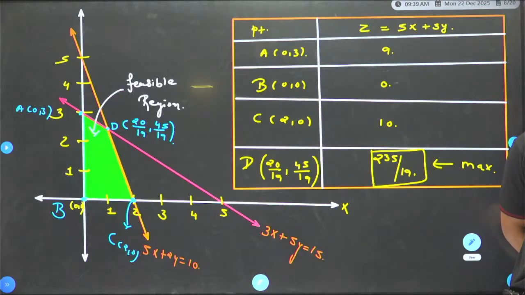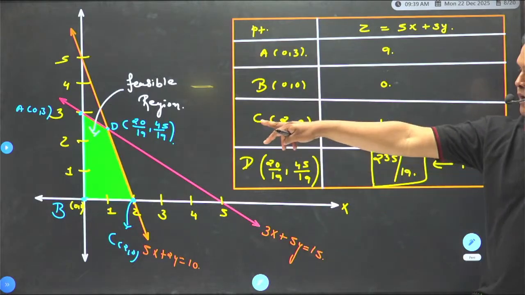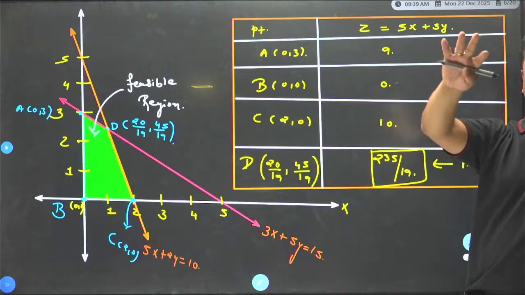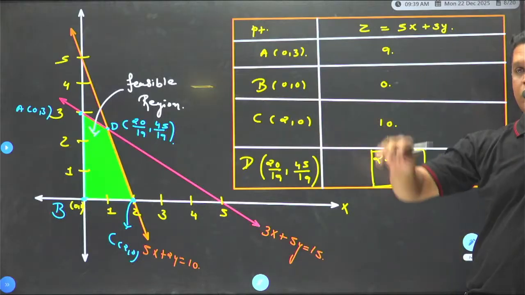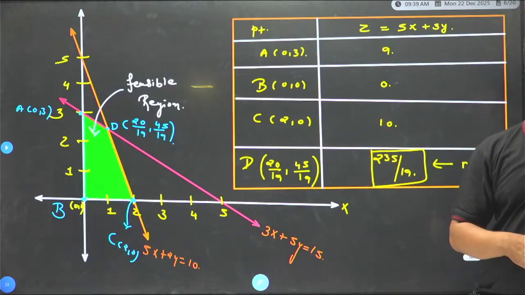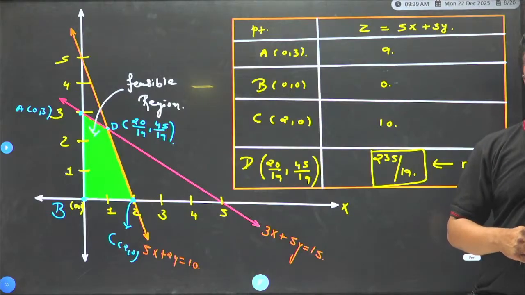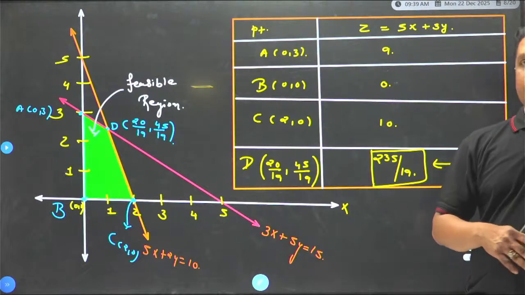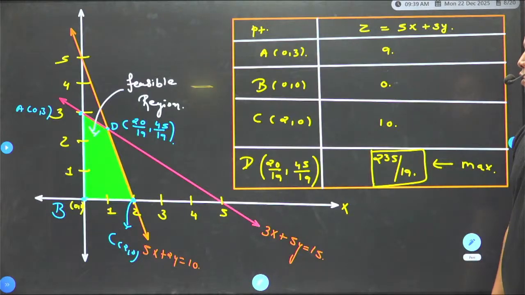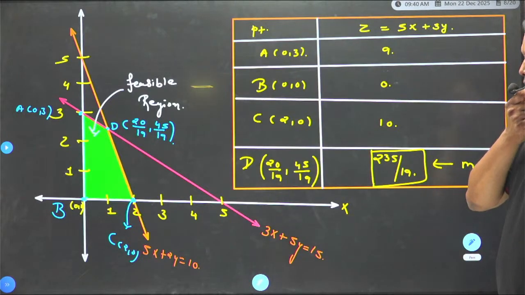Do it at last in exam. You are writing 20 by 19 and 45 by 19 directly. In exam, it takes time. That is okay, fine. Okay, complete.